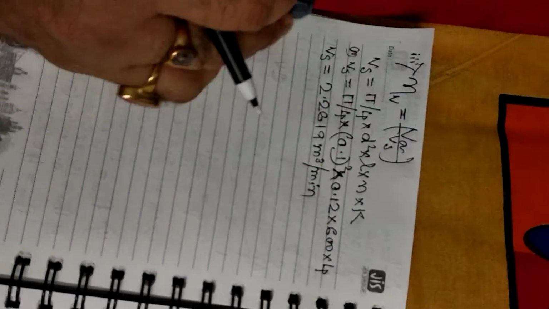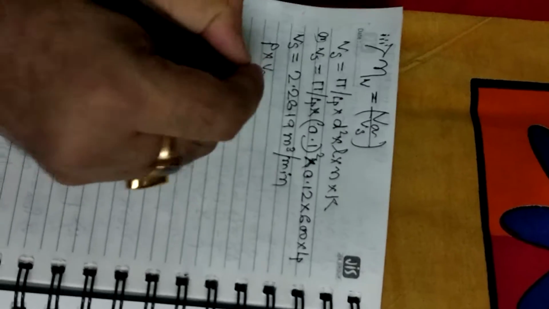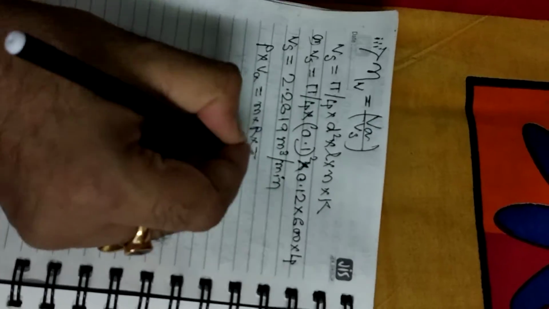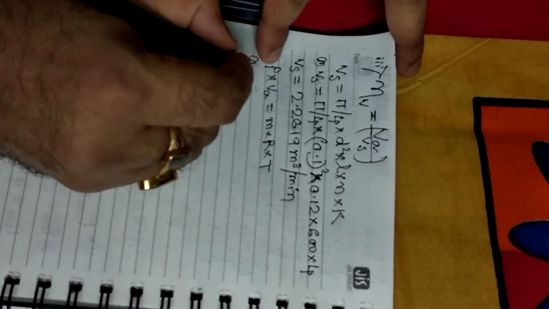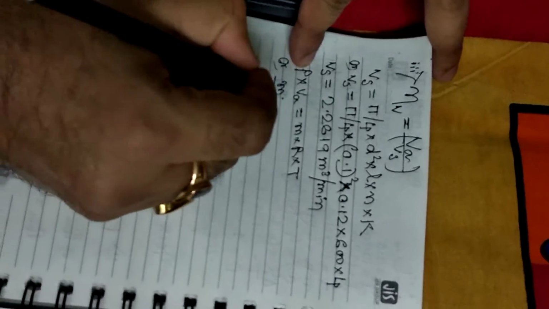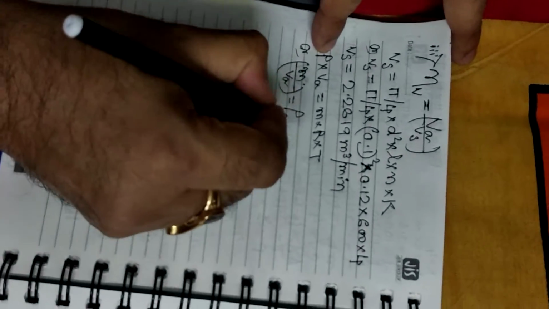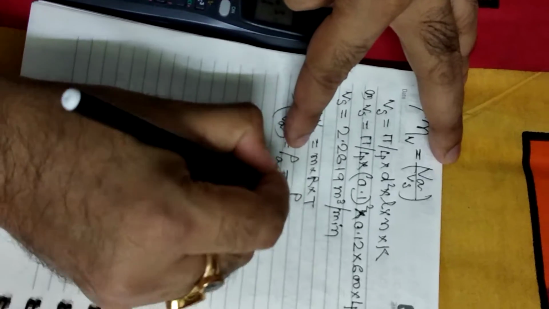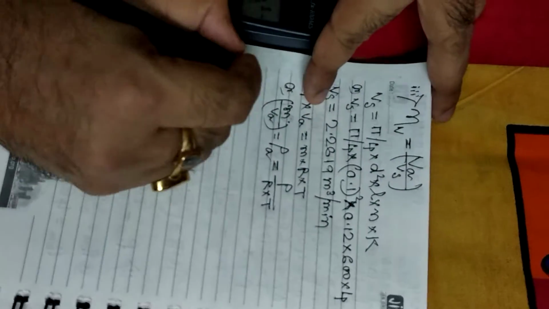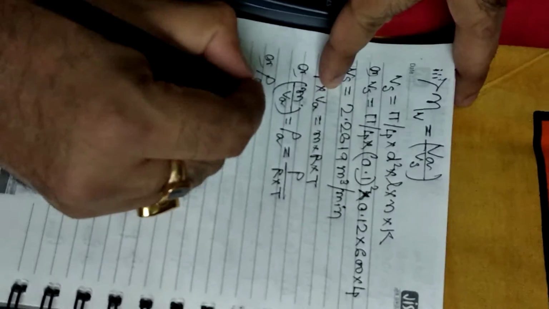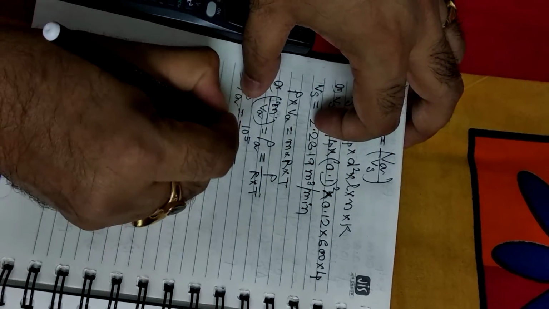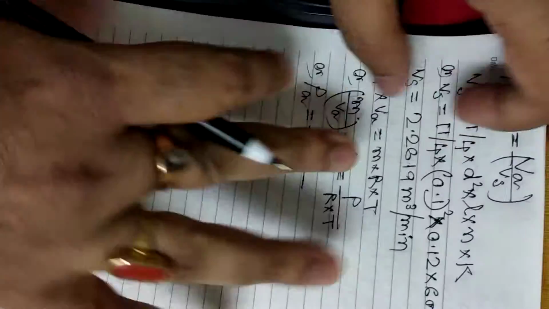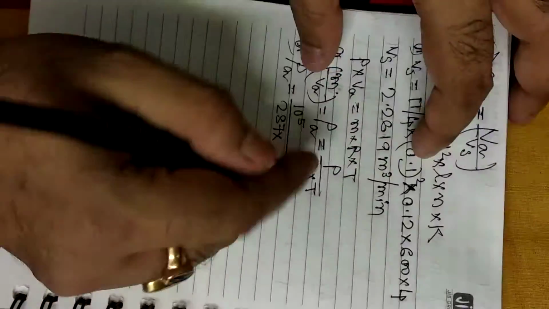Okay, now VA, so P into VA equals to M into R into T. So from here, M by VA equals to rho A equals to P by R into T. So density of air, that is rho A, will be P is 1 bar, so it will be 10 to the power 5 divided by R is 287 into T is 290.